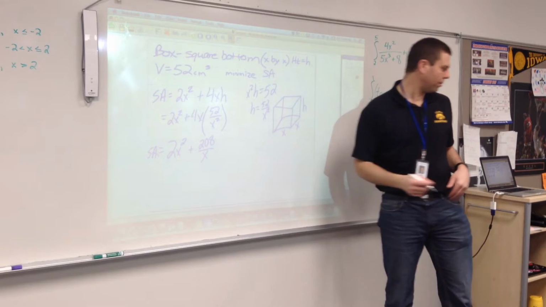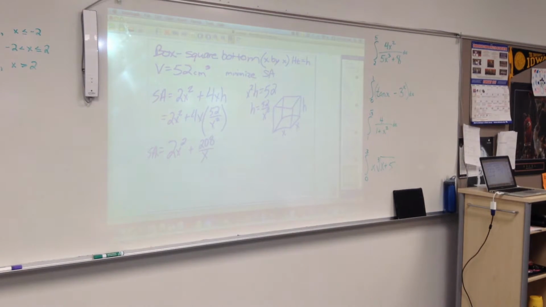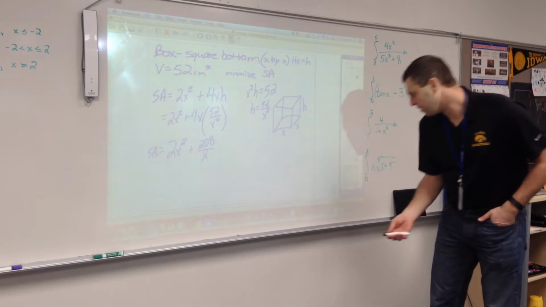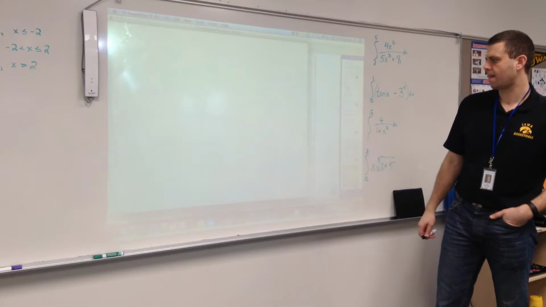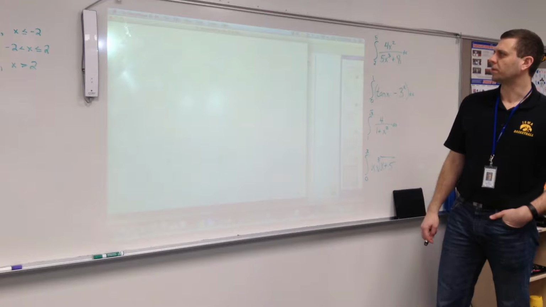So there is my formula for my surface area. What do you do to finish the problem? Graph it and find the minimum. Okay? So we go to our graph.